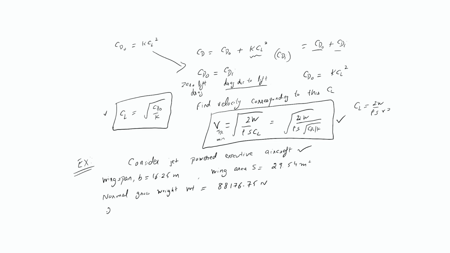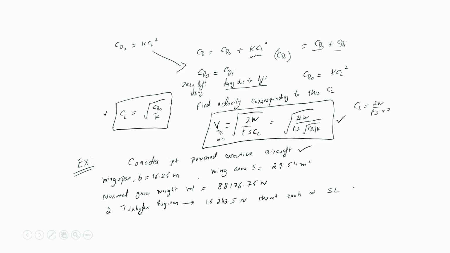Here we have two turbofan engines, each producing 16,242.5 newtons thrust at sea level.